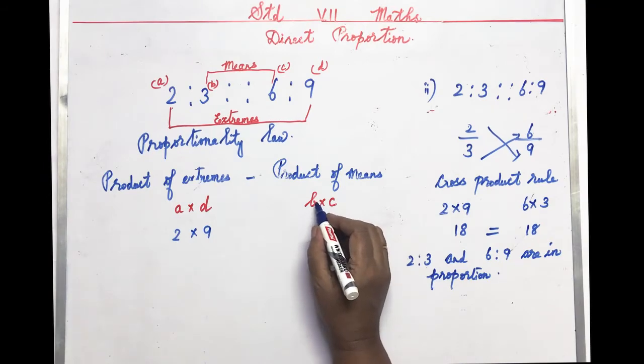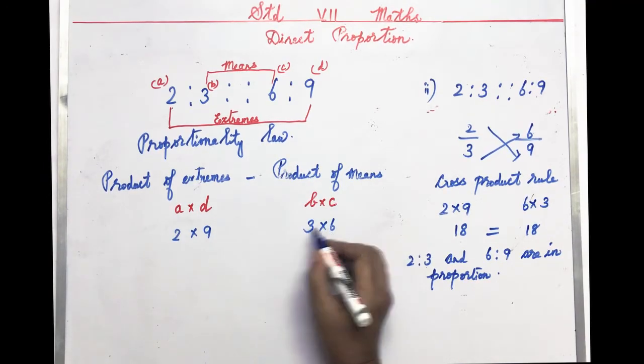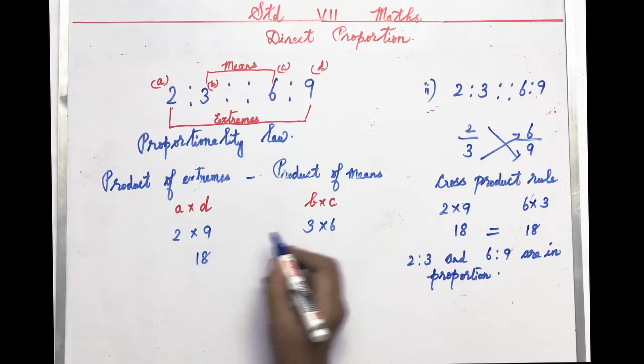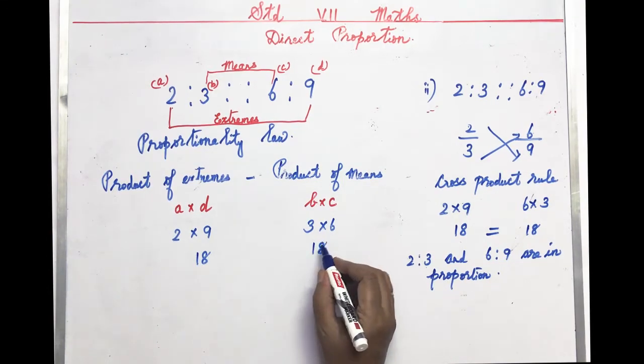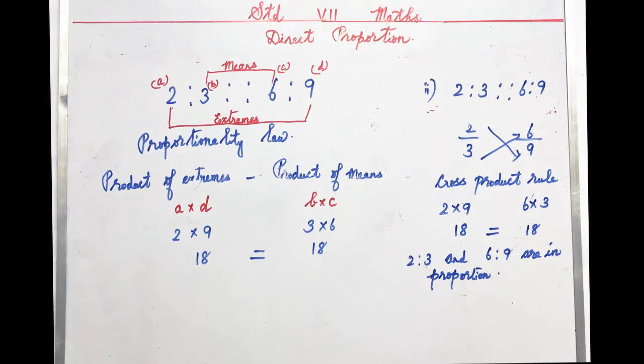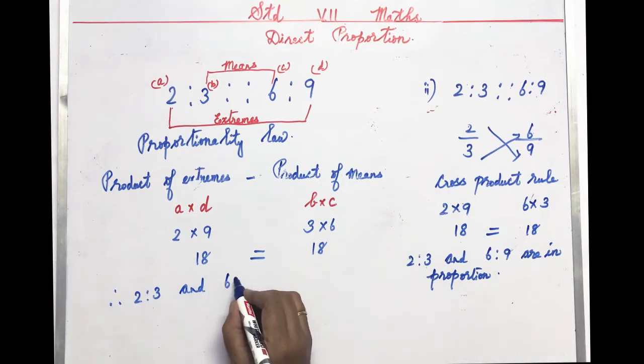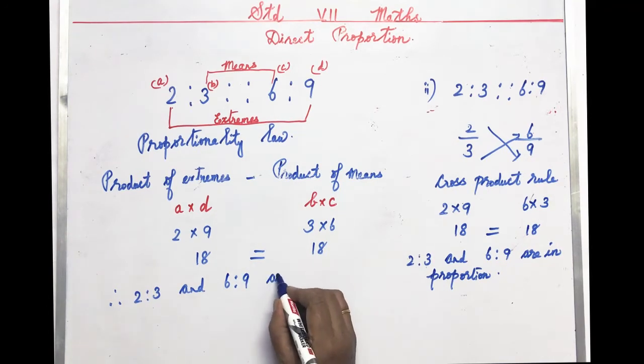The second term B is 3 and the third term C is 6. So, 2 9s are 18, 6 3s are 18. So, product of extremes is equal to product of means. Therefore, 2 is to 3 and 6 is to 9 are in proportion.